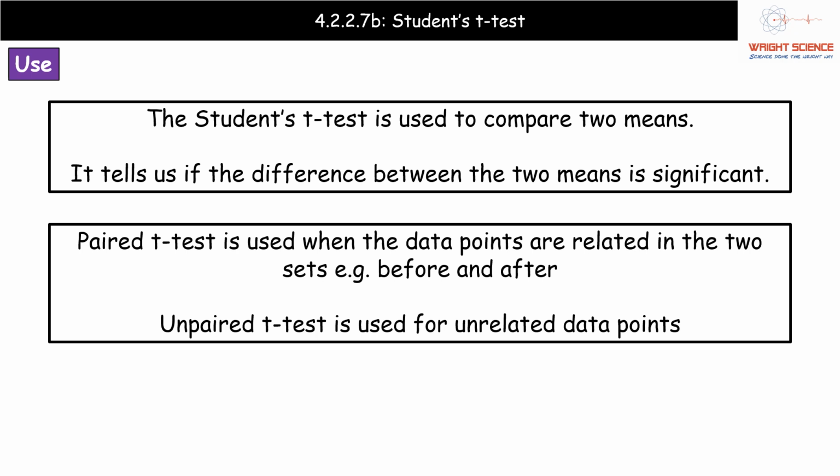So a paired t-test is what we would use when the data points are related in those two sets of data. For example, it might be before and after readings in an experiment. The unpaired t-test is when those data points are unrelated. So you might be looking at masses of two separate populations of rabbits, for example.